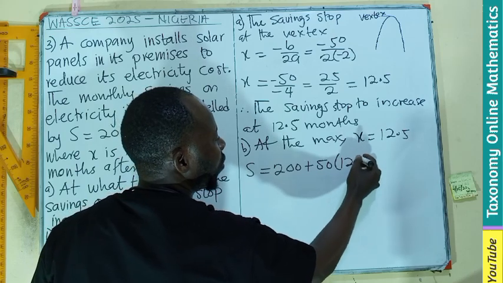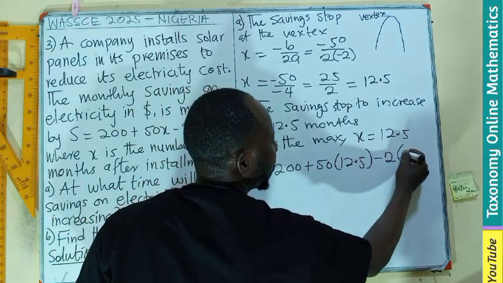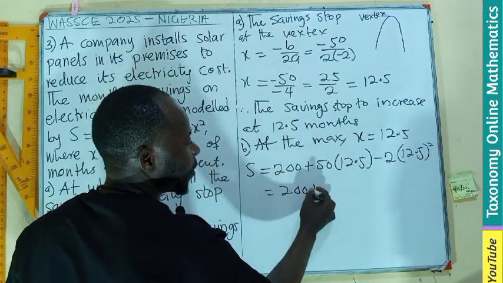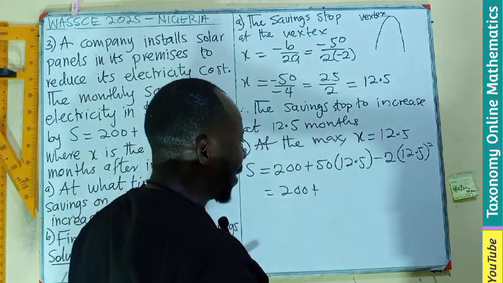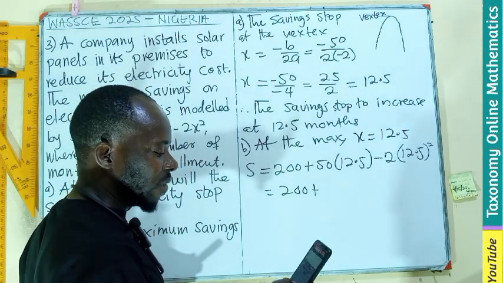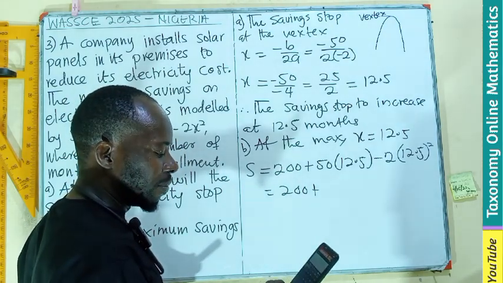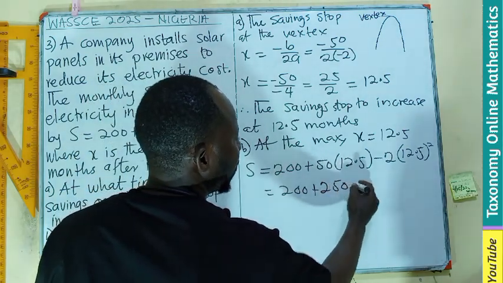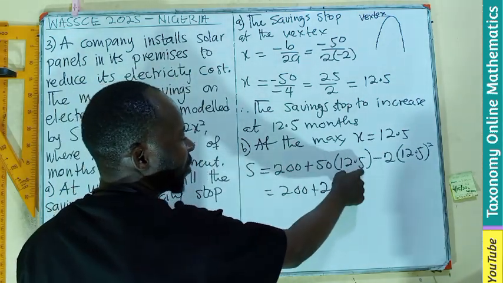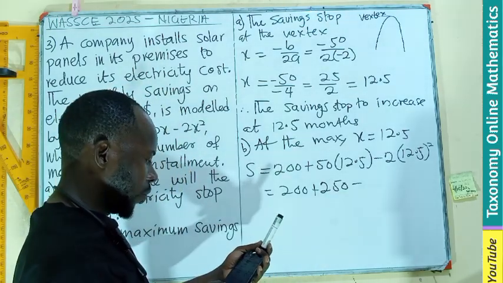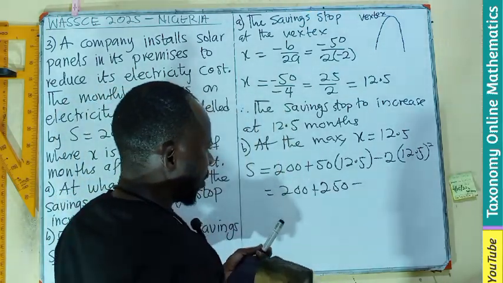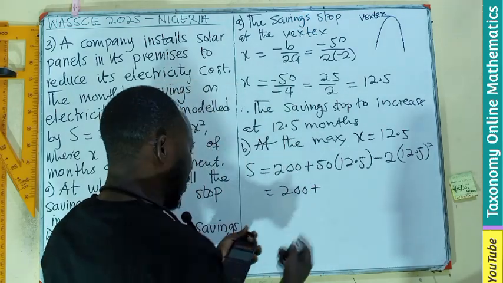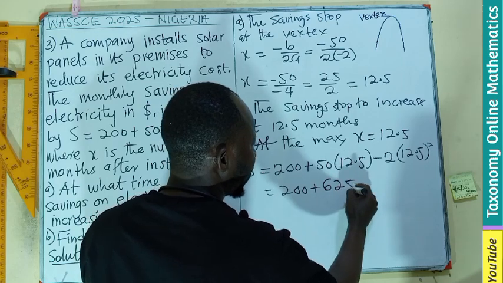200 plus 50 times 12.5, minus 2 times 12.5, all squared. So 50 times 12.5 will give you 625, right?